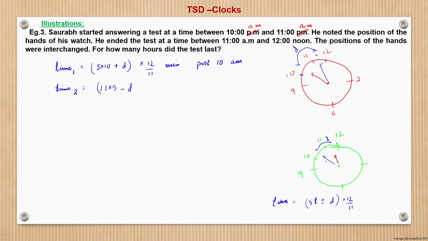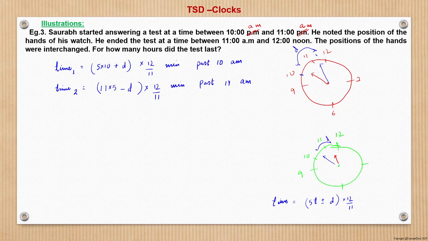Why minus? Because in this case the minute hand is behind the hour hand. So minus d into 12 by 11 minutes past 11. Why here 11? Because here we are anchored to the 11 o'clock reference. Here the hour hand is basically between 10 and 11, here it is between 11 and 12 noon. So this is past 11 a.m.